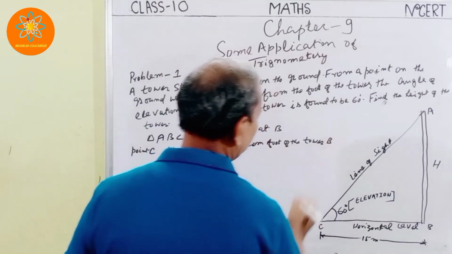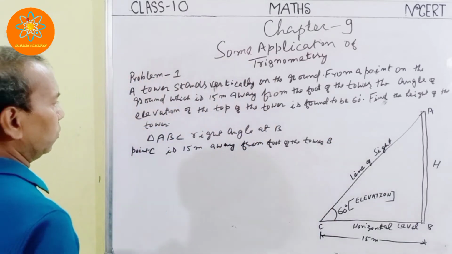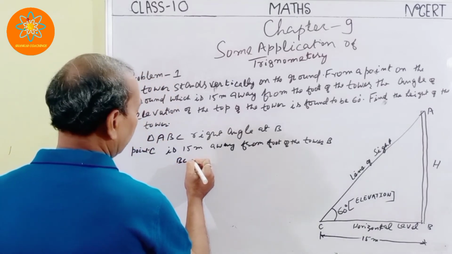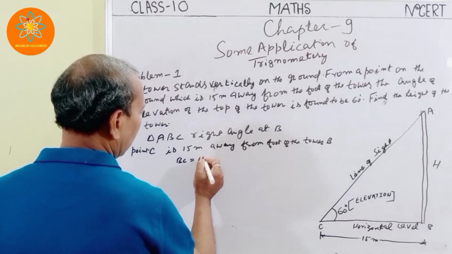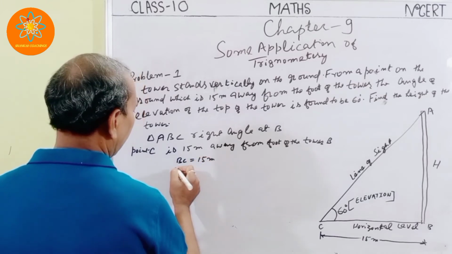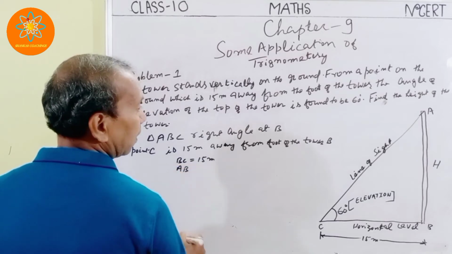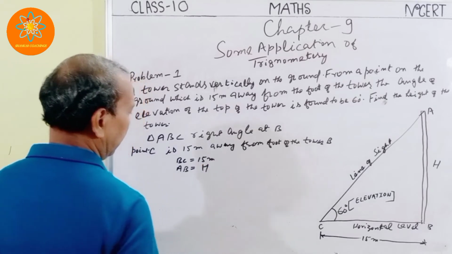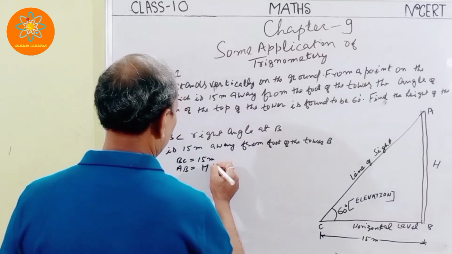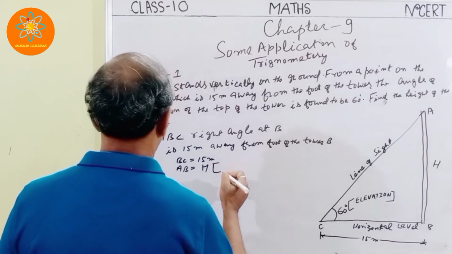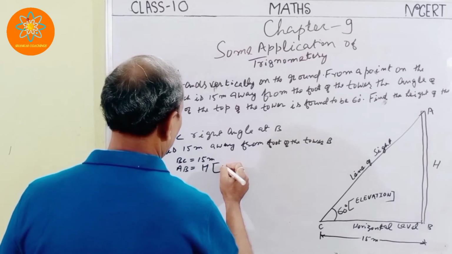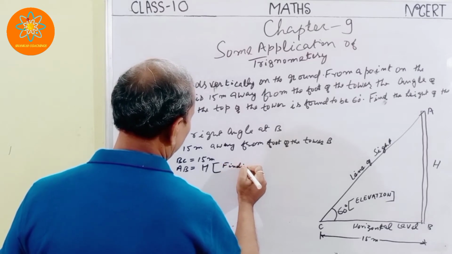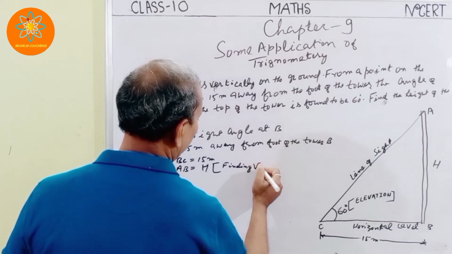That is B. So BC is equal to 15 meter. AB is equal to H. Find the value.